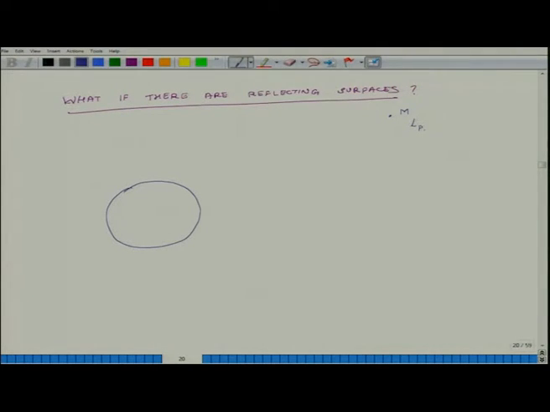And I will also put a letter N, which means in the absence of reflecting surfaces. Actually, let us make this sphere a little smaller so that it is manageable. So, it is a small sphere, and the sound measured by microphone M is LPN, where N tells us that this is the sound pressure level when there are no reflecting surfaces. The sphere is hanging in free air and there is no reflecting surface anywhere in the whole universe.